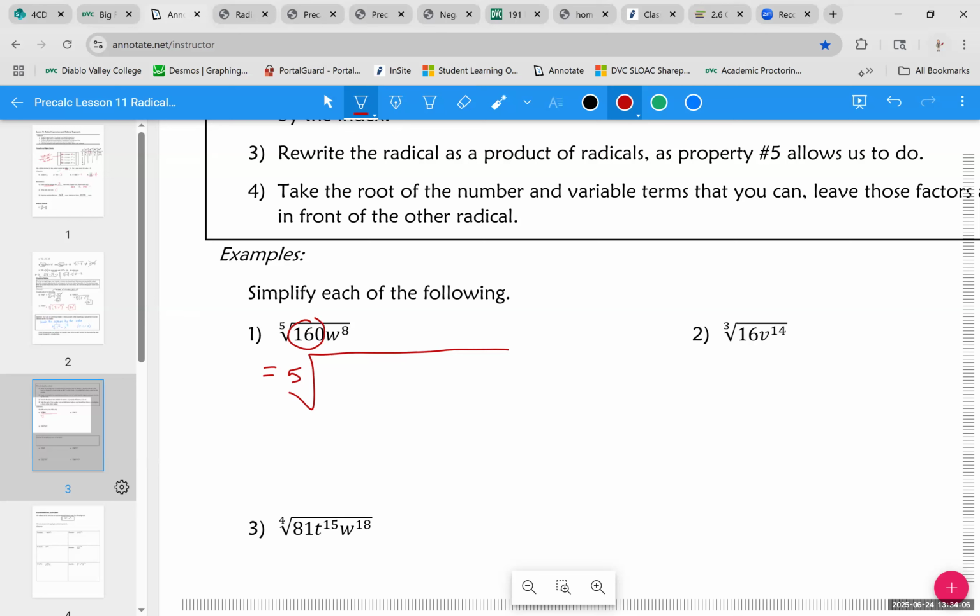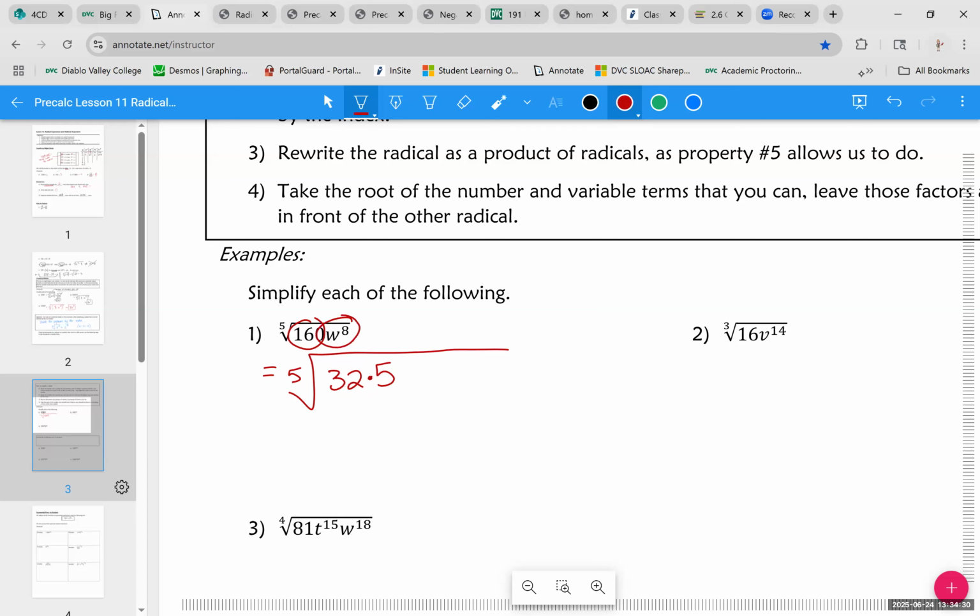So what I usually do is I just take my calculator and I just start dividing. 160 divided by 32, which is the first number there. 160 divided by 243, which is the next number there. I just keep going down the list of numbers until I find the largest one that divides in. So 160 was 32 times 5.